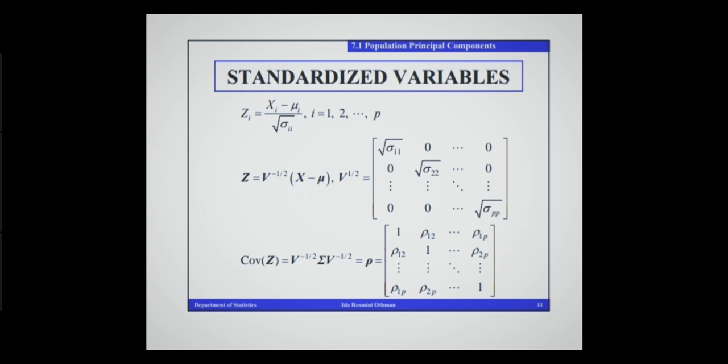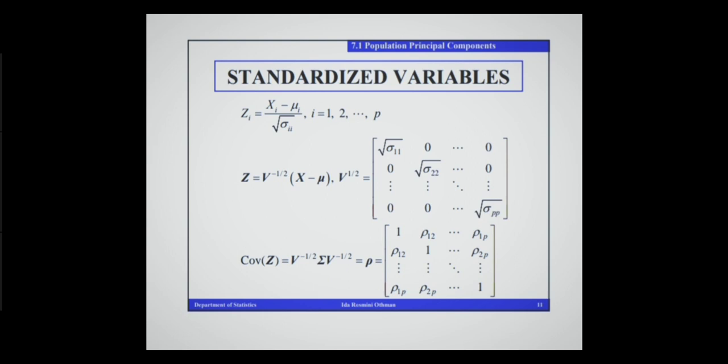So V, if you can remember, V is the diagonal matrix of variance. Right? Diagonal matrix of variance. Okay, so because of that, the square root of V here will have a main diagonal where everything is the square root of the variance of the variable.